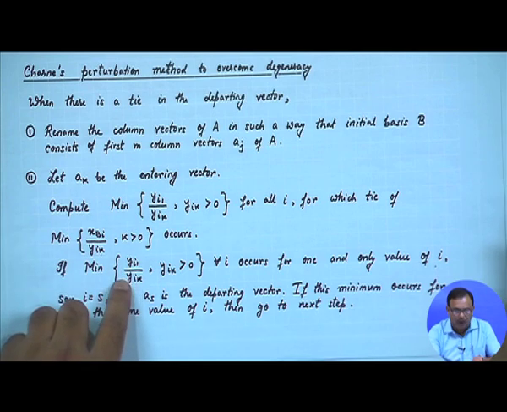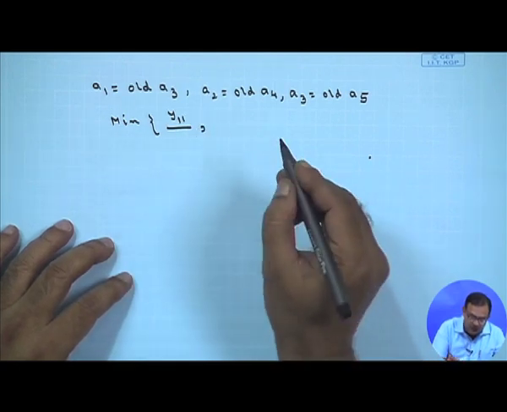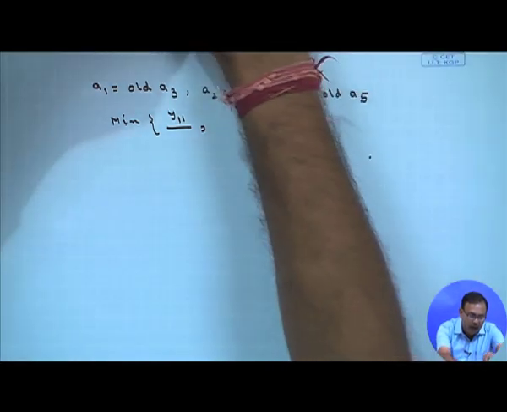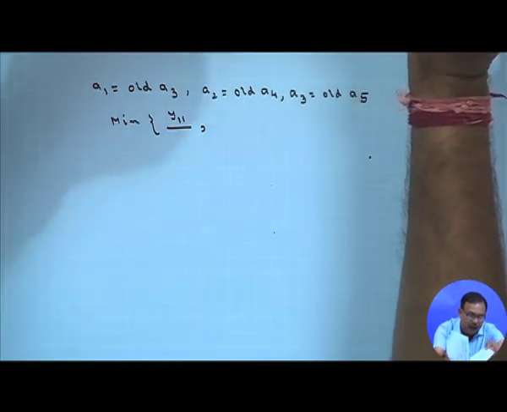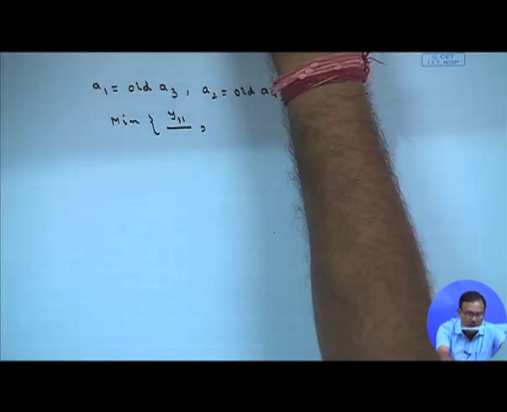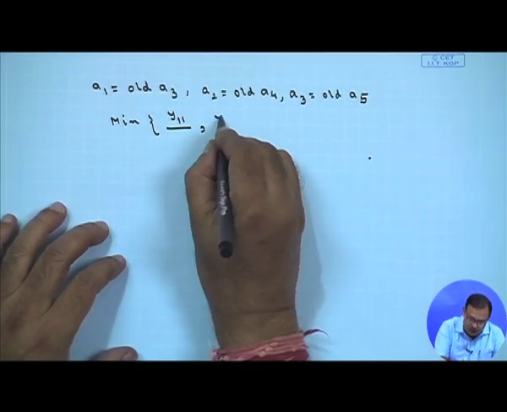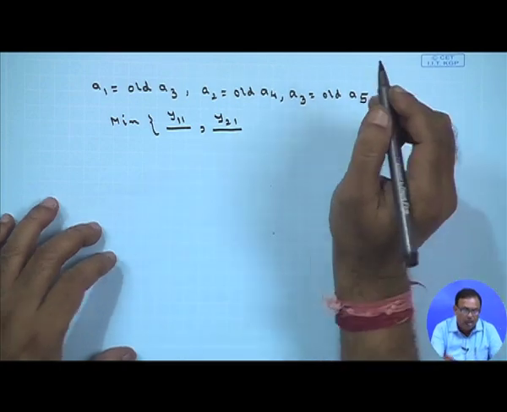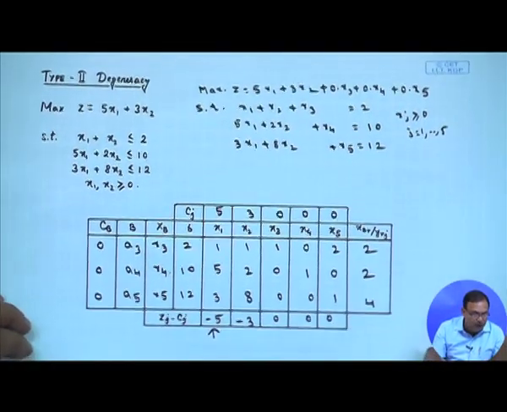So it is the minimum of yi1 by yik. So I will write the minimum of y11 by yik, next one will be y21 by yik. So what is yik? Yik will be the entering vector for this one.